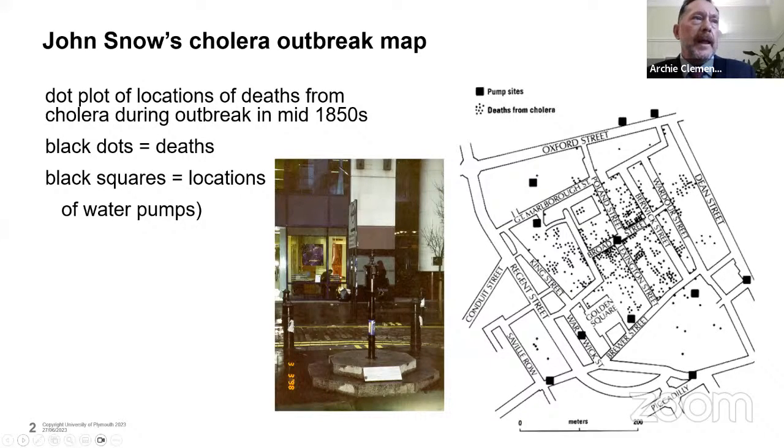So he undertook a study of a cholera outbreak in London in the mid-19th century, and he mapped the location of cholera cases in London and demonstrated that they were clustered around pumps attached to wells that were managed by a particular company within London.